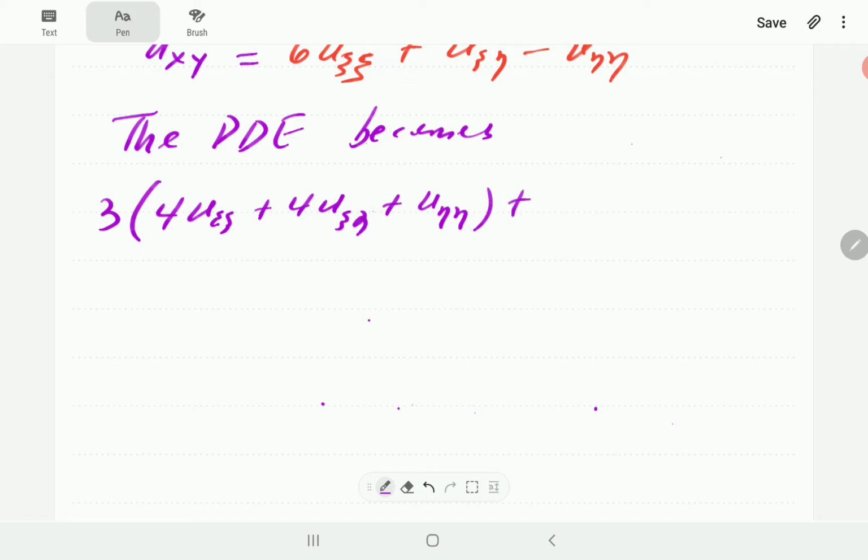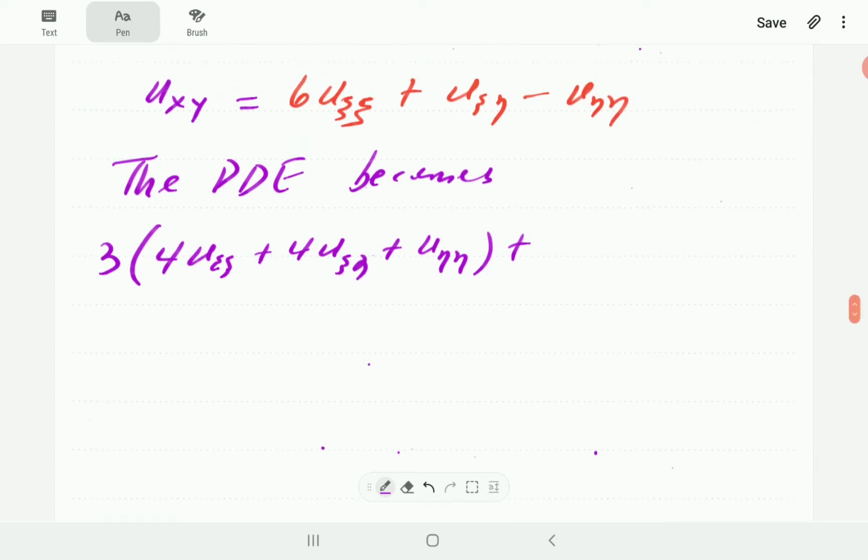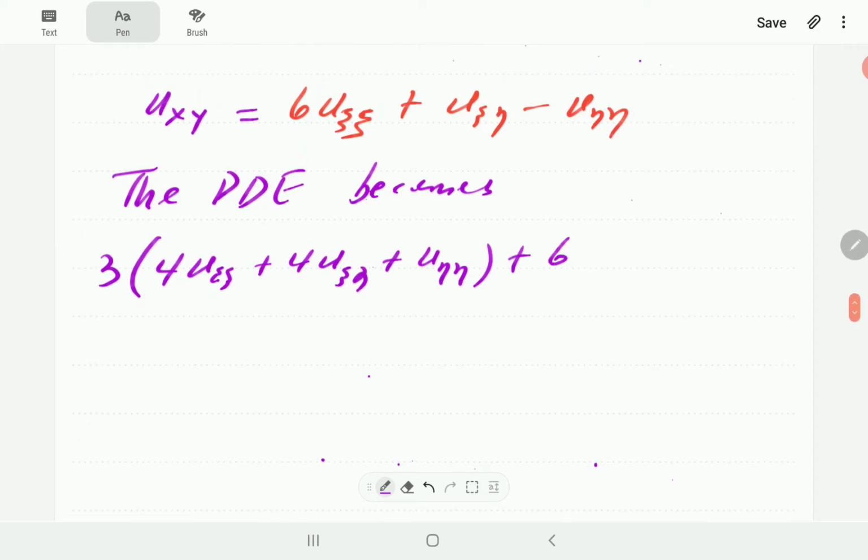Then this is plus uxy, which we've just worked out, 6u xi xi plus u xi eta minus u eta eta. Then the last term is minus 2uyy.